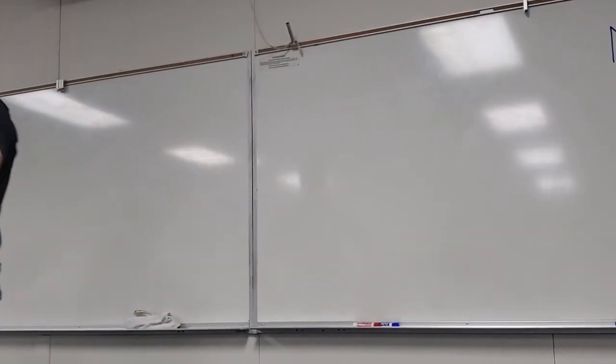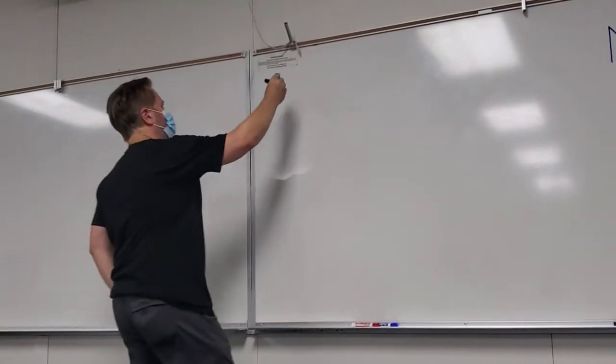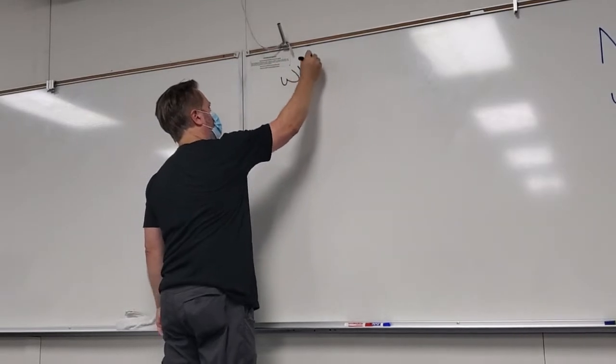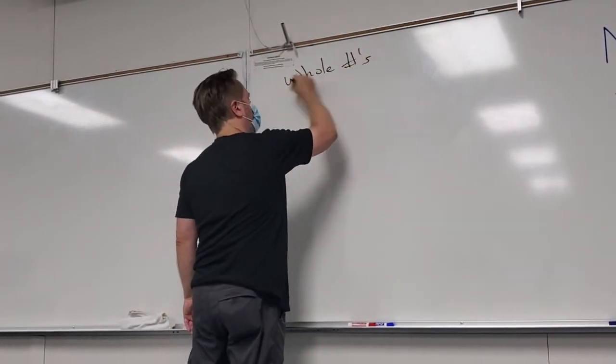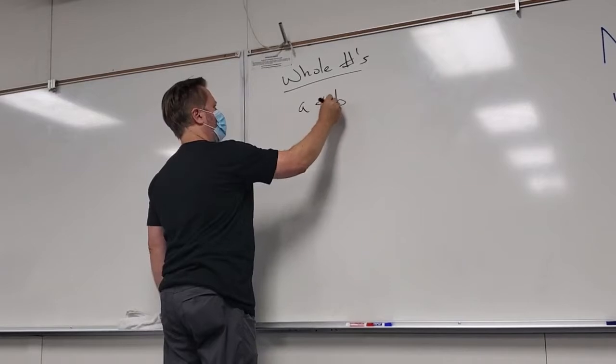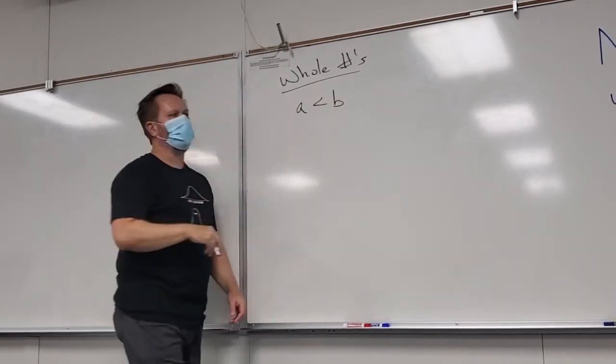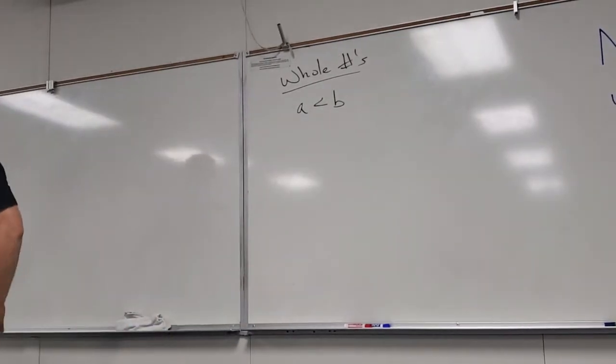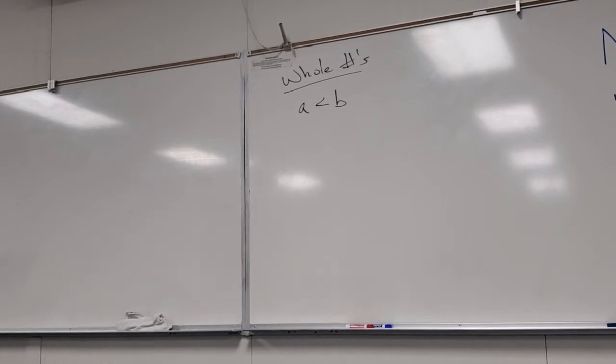So first thing, with inequalities, let's get deeper, not crazy deeper. If I'm working with whole numbers, can somebody tell me what that means? If A and B are whole numbers, A is less than B. That's how you read it.